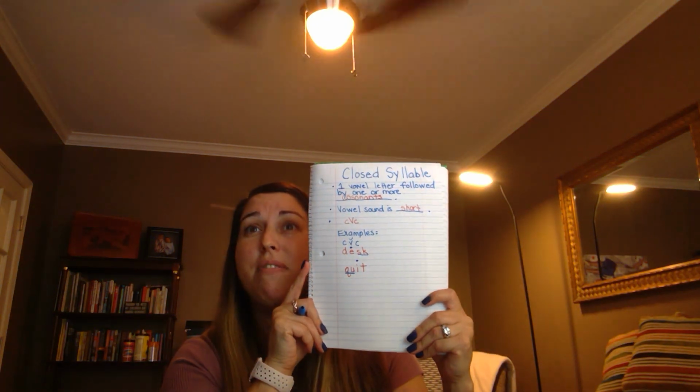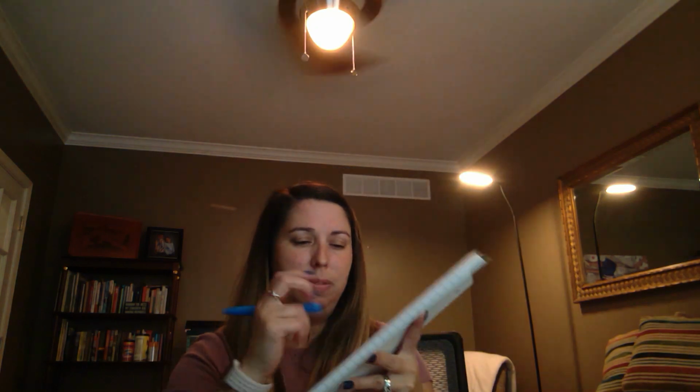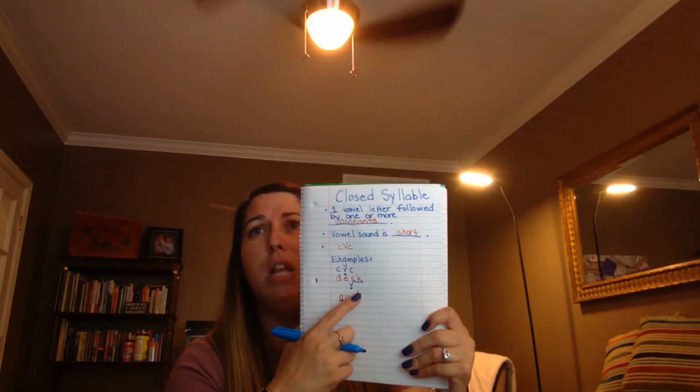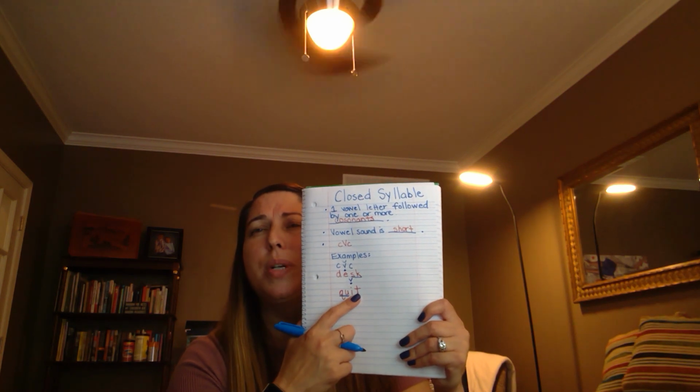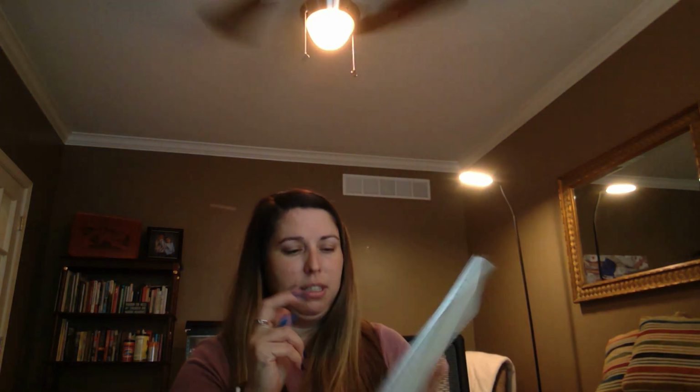So let's put a dot above that I, because I spotted my vowel, and I'm going to label it with a V. How about the T? What do I know about the T? It's a consonant. And the QU is also a consonant.